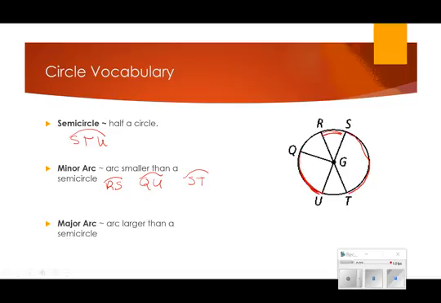A major arc is an arc that's larger than a semicircle, so it's got to be larger than the semicircle. So we're going to start at U, and we could go to R. That's larger than a semicircle. And to distinguish between a minor arc and a major arc, we have to use the 2 endpoints. So let's use R and U, and then a point in between, like S. So RSU and RTU would be the same arc.